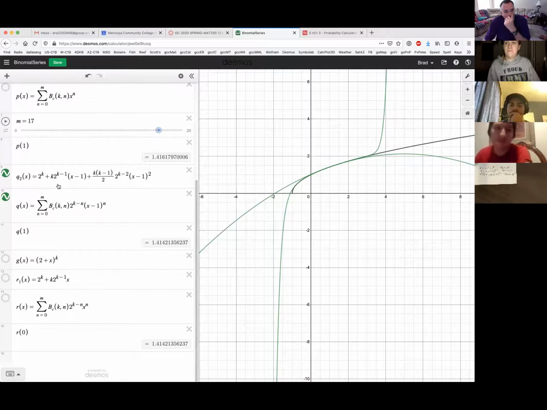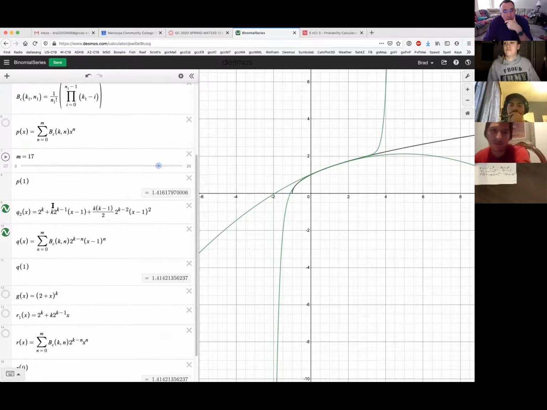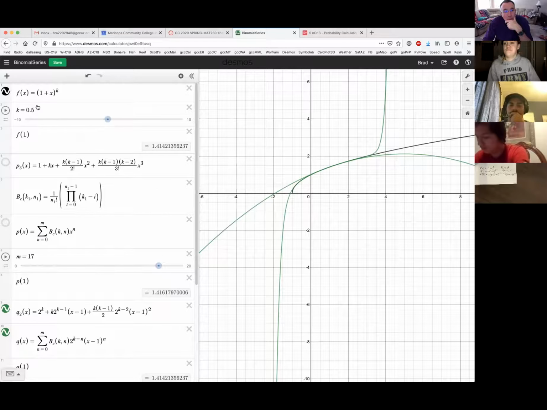Okay. I was thinking, though, that there might be an easier way to get root 2. And instead of expanding 1 plus x to the k power, what if I expanded 2 plus x to the k power and then just did a Maclaurin series? Because then I could plug in x equals 0 and I get 2 to the 1/2, I get root 2.